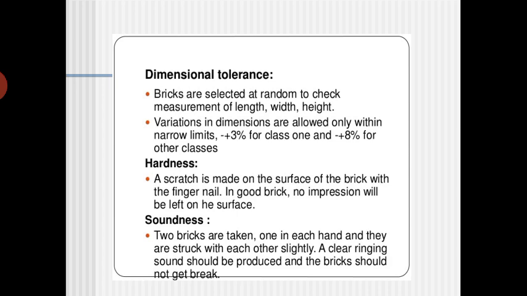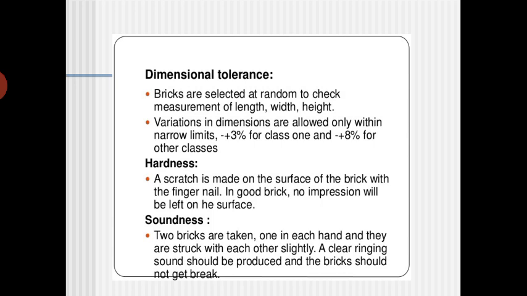Variation in the dimensions is allowed only within narrow limits, like plus or minus 3% for class 1 and plus or minus 8% for other classes. For example, if you are considering 5 bricks, make sure you select 5 bricks. When you are selecting, deviations of the size up to 3 to 8%, plus or minus, are allowed.